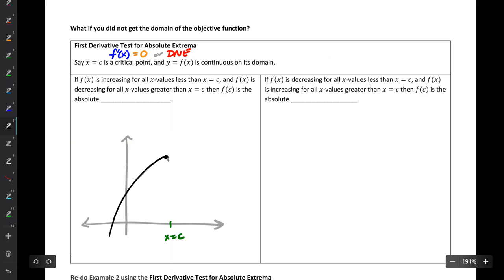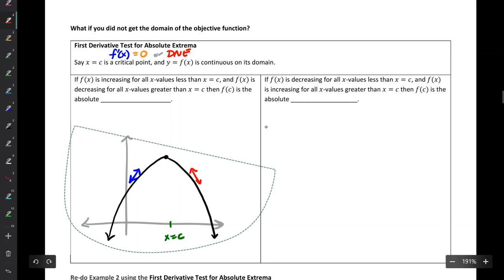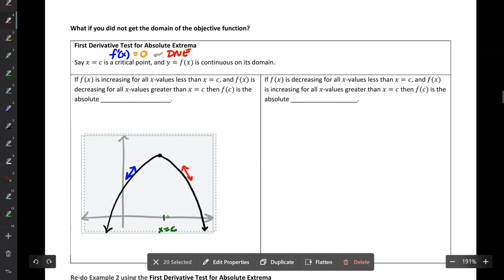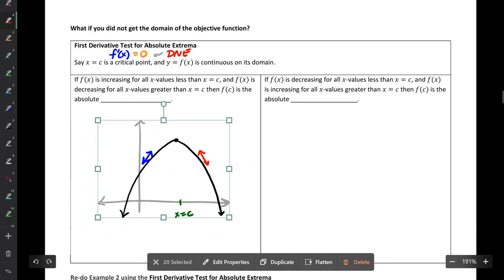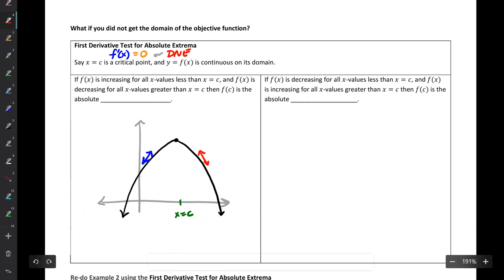Then it's decreasing for x values greater than c. In other words, my first derivative is positive for x values less than c, and then negative slopes for x values greater than c. What does that look like? That looks like a maximum.